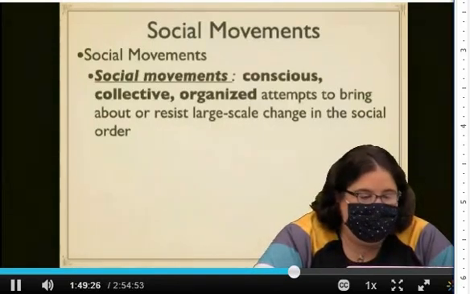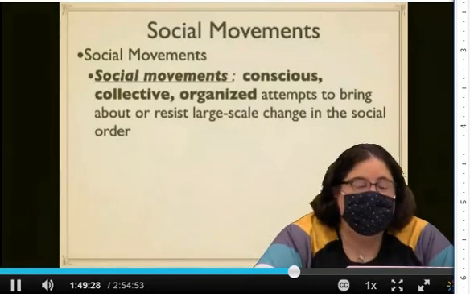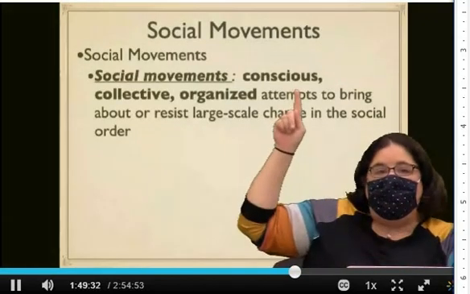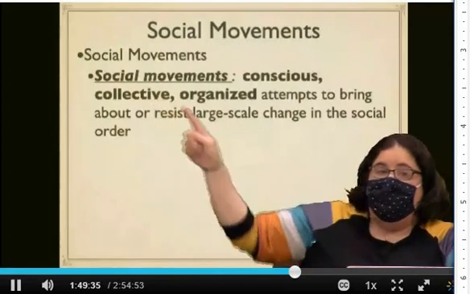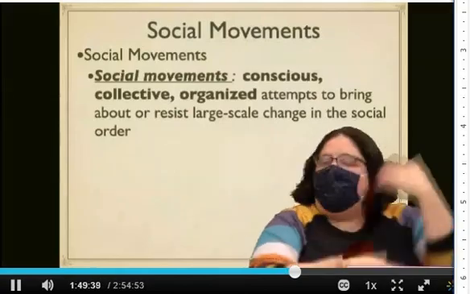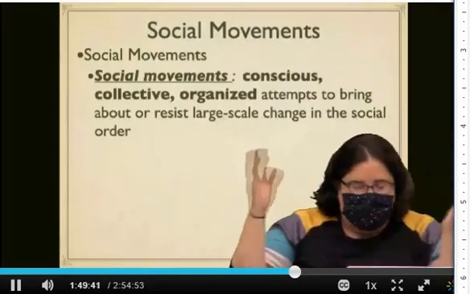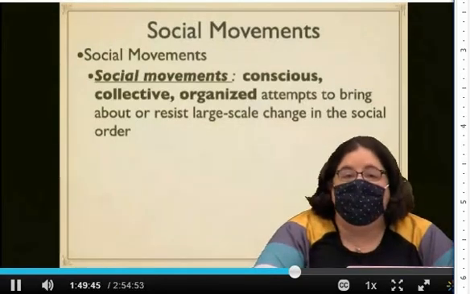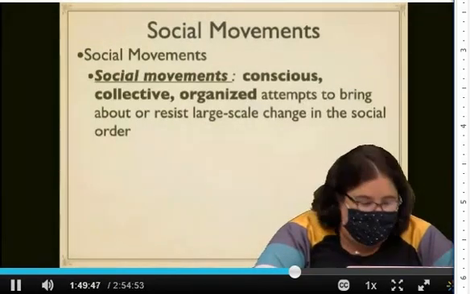I'll give you a minute to write all that down. Conscious, collective, and organized attempts. It's on purpose, it's not one person, and it's organized. Attempts to either bring about change or to stop change from happening. It depends what it is, but to make change in the social order.